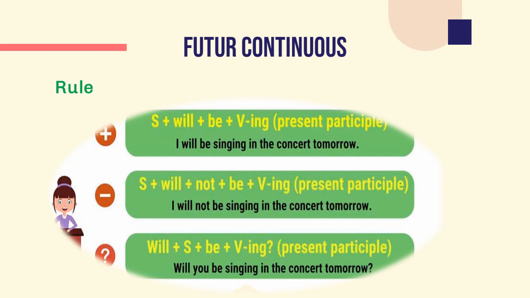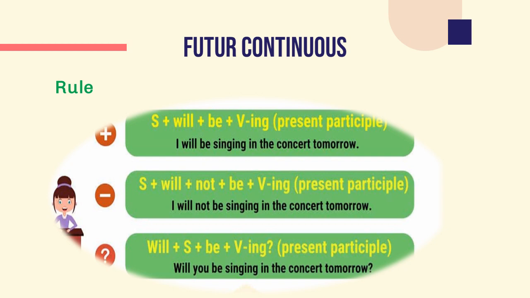When we're using it in the negative form, it is the subject plus will plus not plus be plus verb in ing form. I will not be singing in the concert tomorrow. If we are asking a question, it will be like will plus subject plus be plus the verb ing form. Will you be singing in the concert tomorrow?